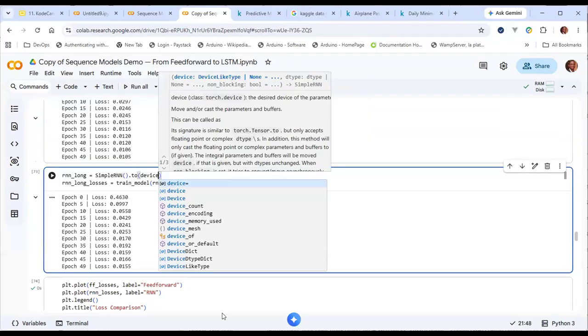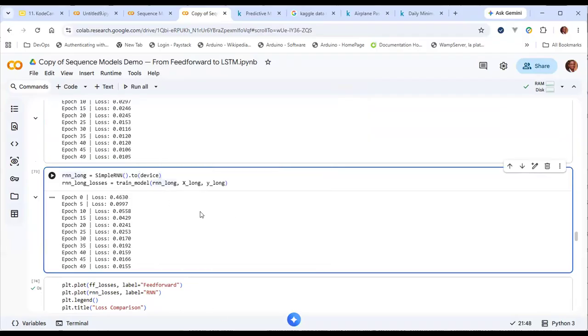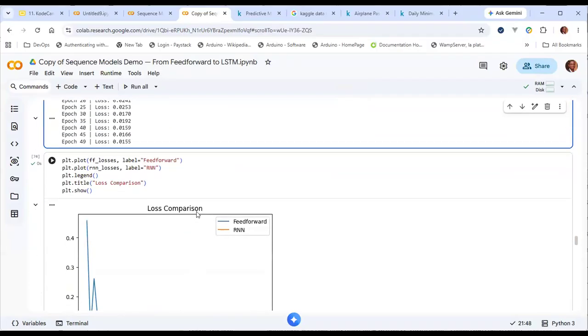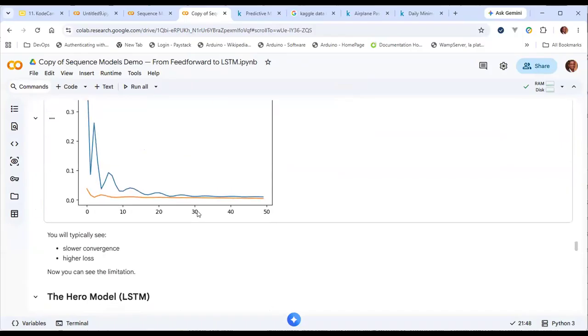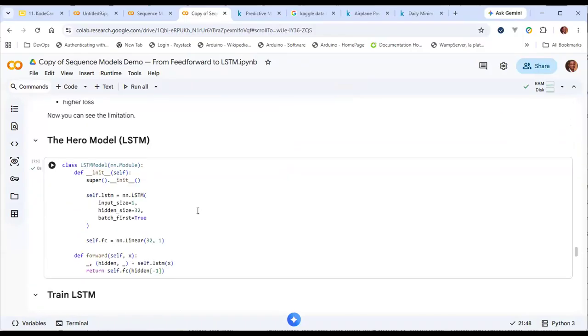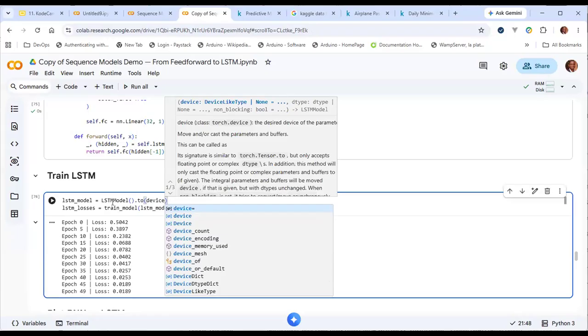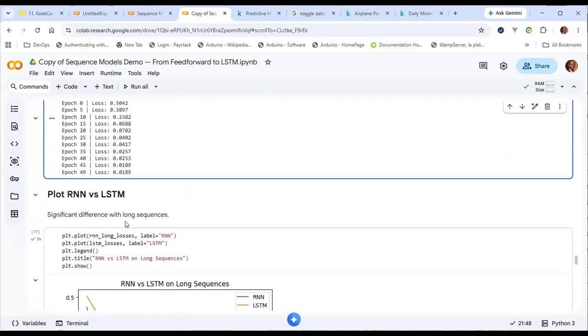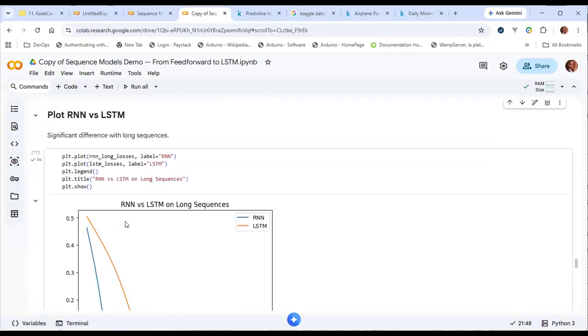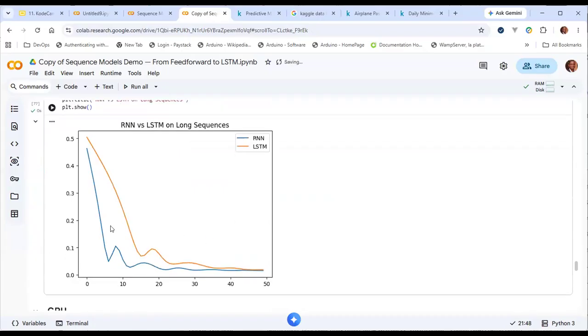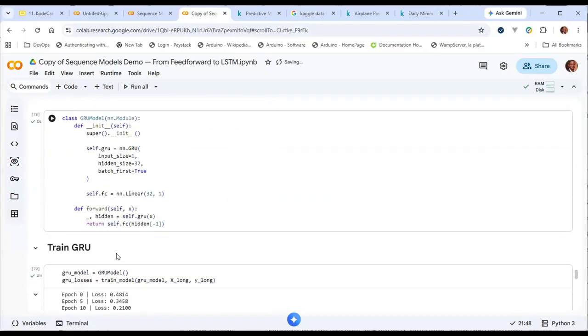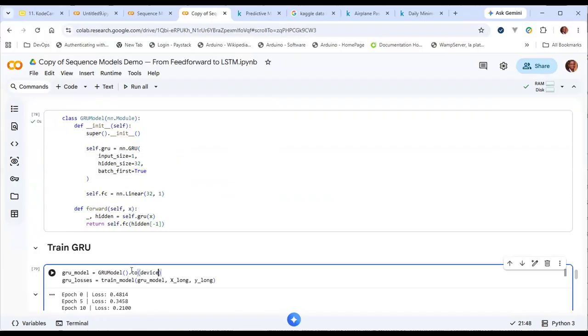So this is the LSTM model as well. So RNN, LSTM, plot. Now the GRU model, to device.